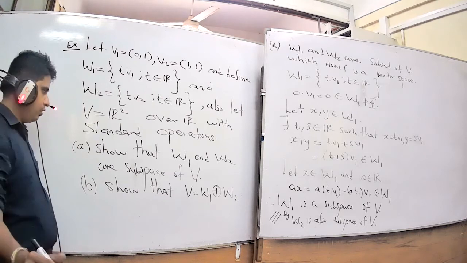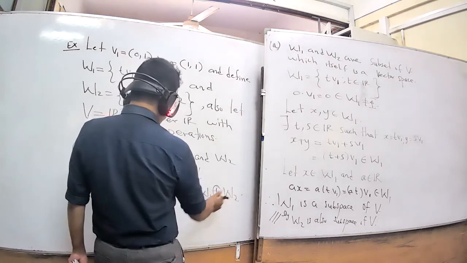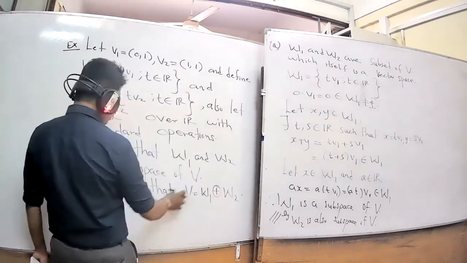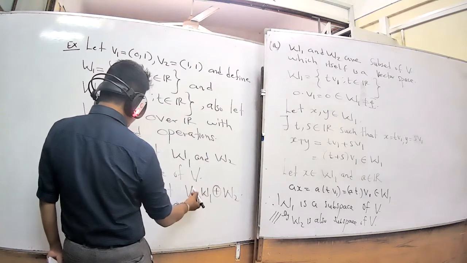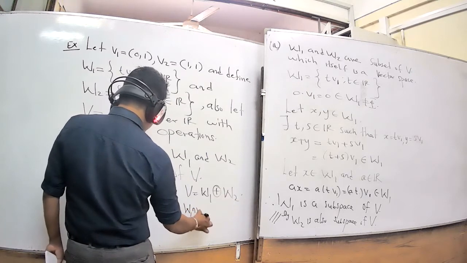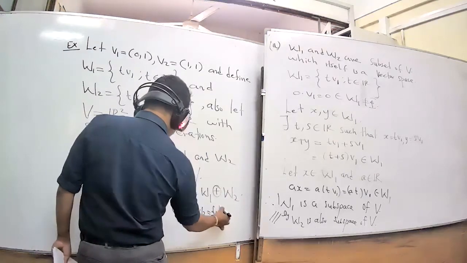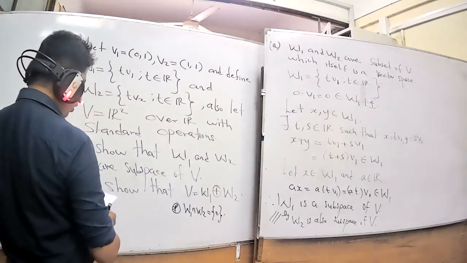Next question, they asked to prove that V equals W1 direct sum W2. It is not difficult, right? For this question, you need to show two things. V equals the direct sum of W1 and W2 means you want to show that W1 intersection W2 consists only of the singleton zero element.